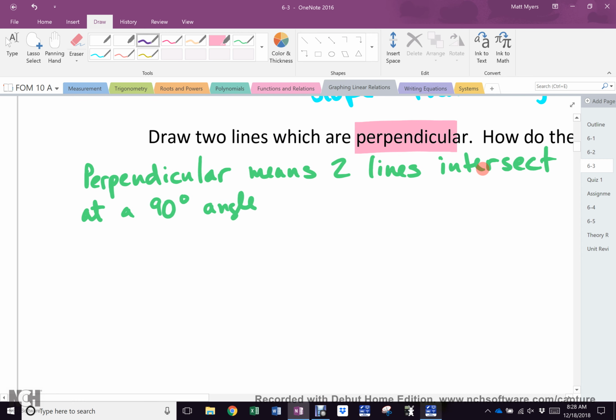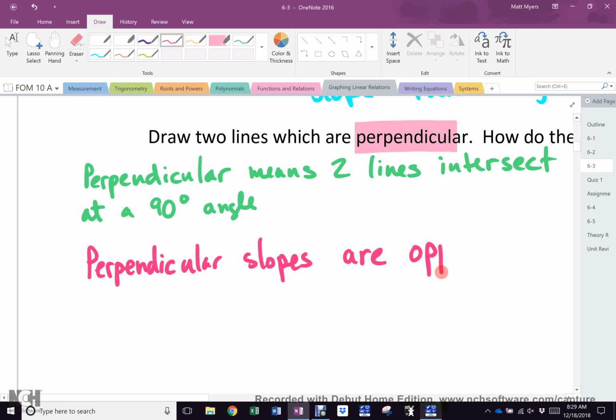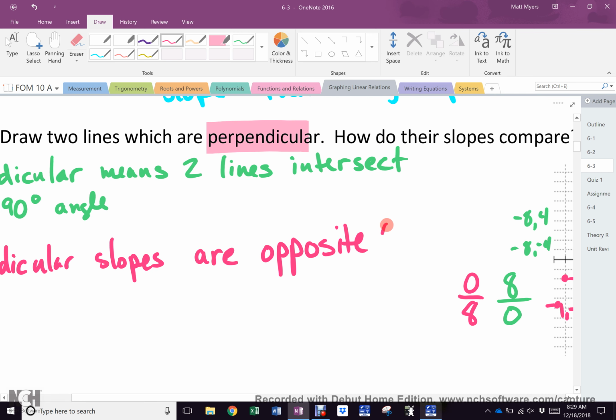So perpendicular lines meet. What does that tell us about their slopes? And remember what opposite means. Positive or negative.